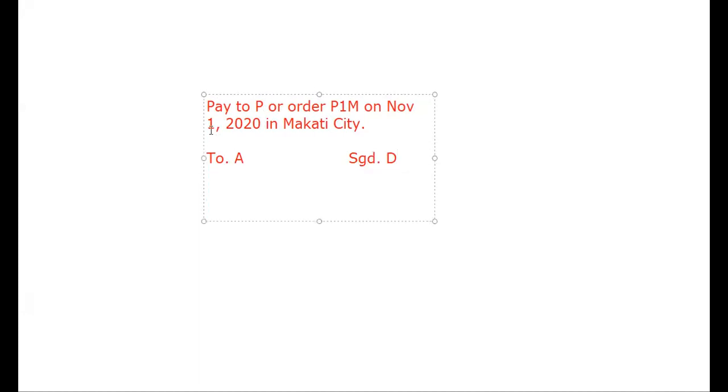Okay, so yung acceptance ni A, ganito niya ginawa. Okay, so just imagine that the acceptance na isinulat ni A as follows. Accepted, signed A, and then the date, 10/20/2020. That is an example of what we call as a general acceptance.